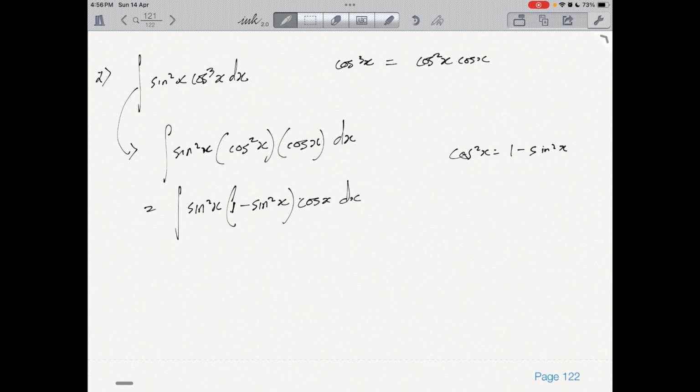Opening the bracket, we'll have the integral of sine square x cos x minus sine raised to power 4x cos x dx. Now, instead of going through substitution, we just apply the principle that we have learned here.